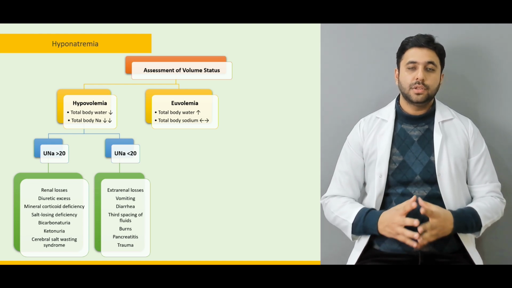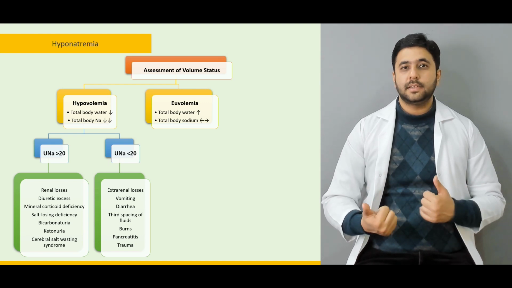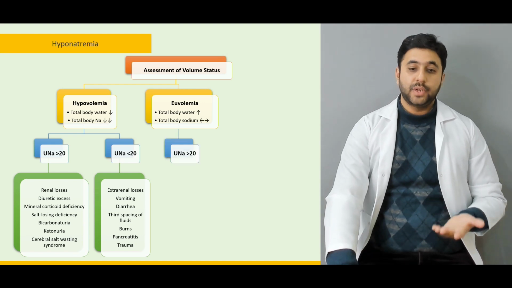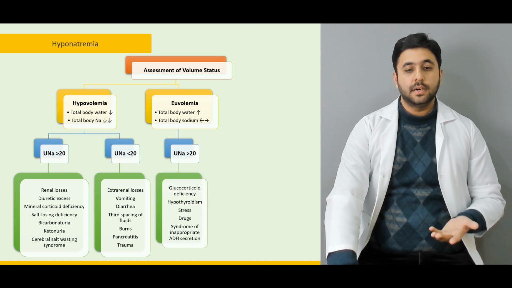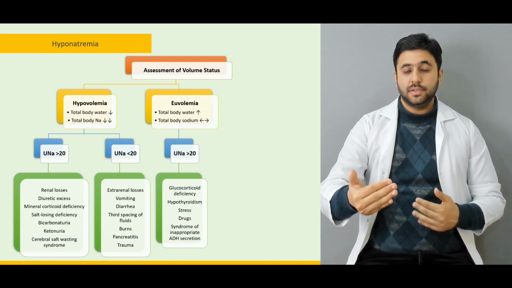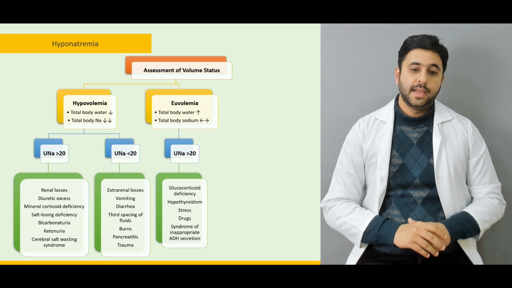To remember the causes of the euvolemic hyponatremia, I want you to remember this with the mnemonic RATS, R-A-T-S. The urinary sodium will be definitely greater than 20 in these patients as well, because as you know, the kidneys will, because of the various causes which I'm going to mention, be losing greater sodium.